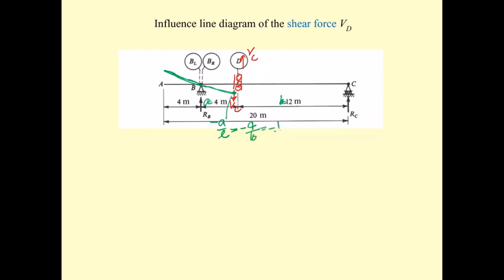So it's minus 1 over 4. On this side, it just moves with b over L. B is 12, that is 12 over 16, so it's going to be 3 over 4. So this one is going to move up like this. And we have the line like this.